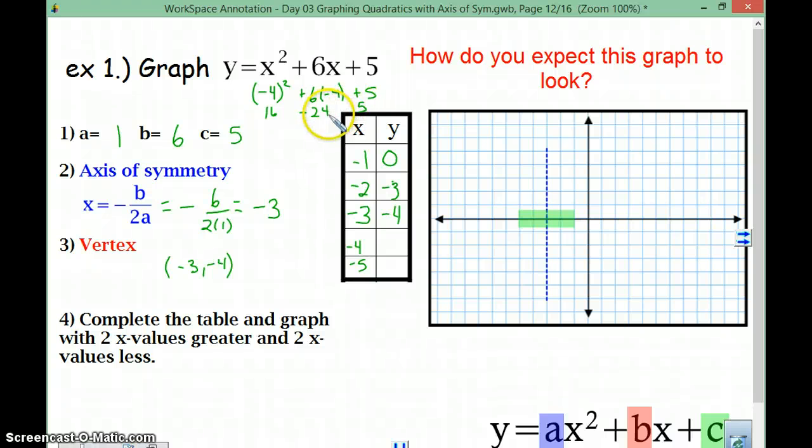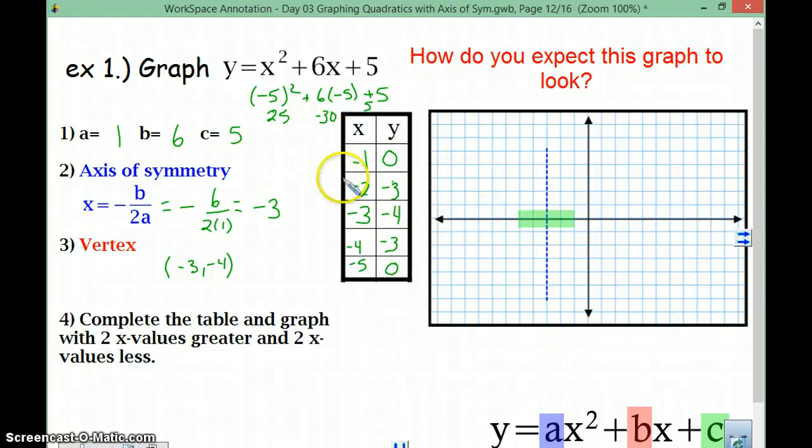So 21 positives and 24 negatives, I end up with negative 3. Is that what you expected? Any guess what you put in next? We put in negative 5 squared plus 6 times negative 5 plus 5. I bet you see a shortcut already. You end up with 25 minus 30 plus 5. Add the positives, 30. Got a 0 pair. We end up with 0.